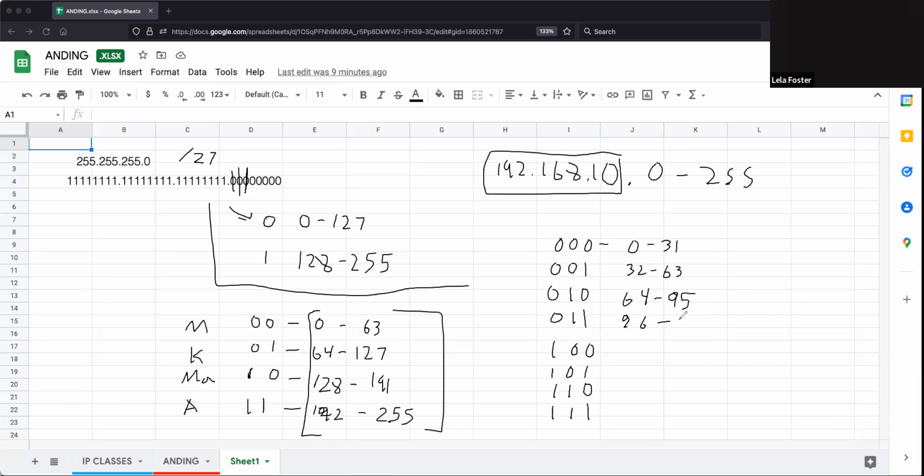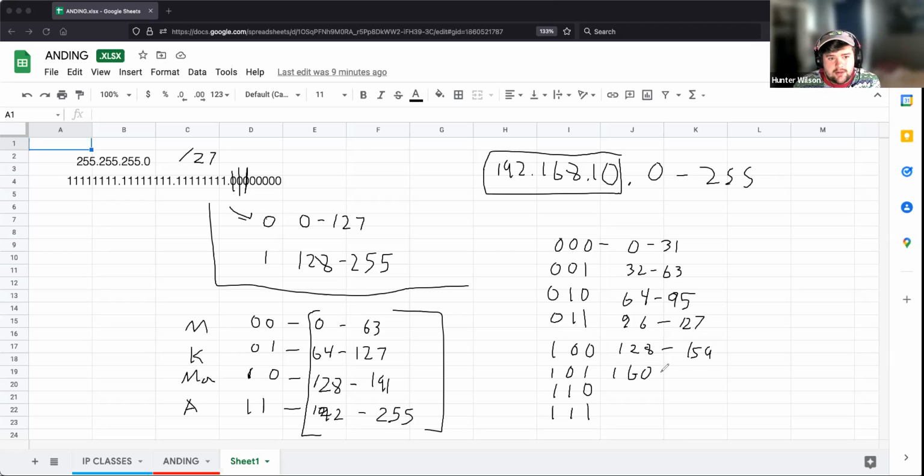I'm trying to see how we got to the difference of 31. I know that Hunter had stated multiplying the networks by 2 and then splitting the ranges in half. Is that what happened? I'm a little confused. That was just how I was thinking about it. In the /25, we split into 2 network ranges. Then half of 255, not exactly half, but 127 would be that.